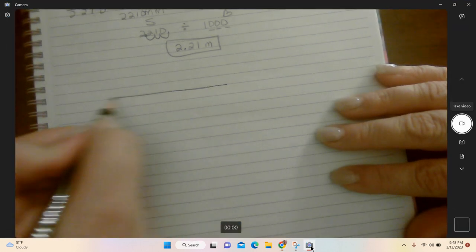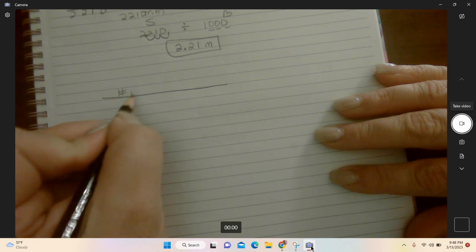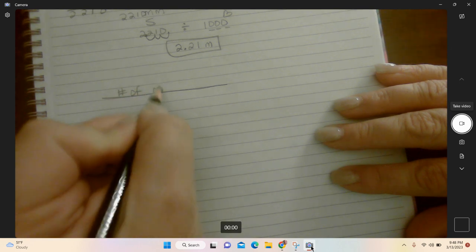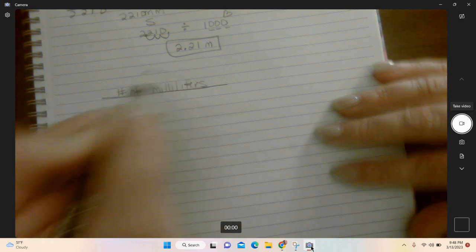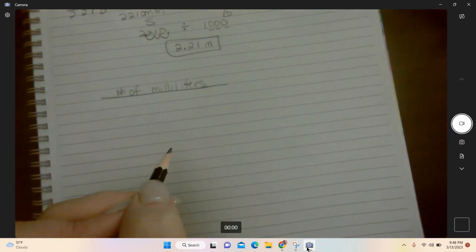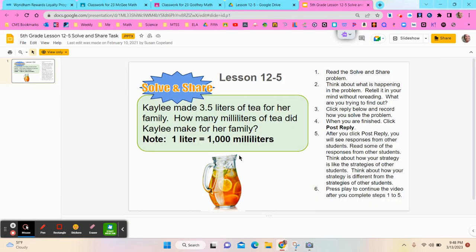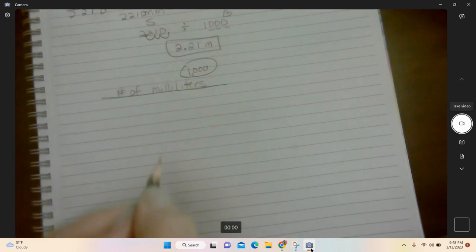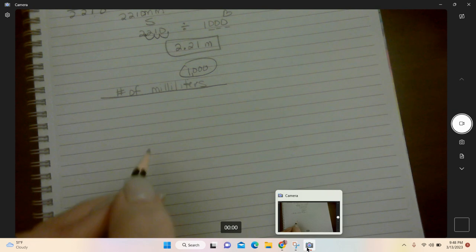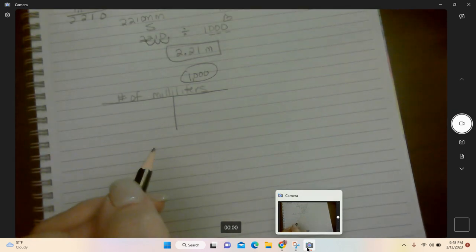I'm looking for the number of milliliters. All right, then I want to go back, and I'm pretty sure my magic number is going to be 1,000, and it is. So let me put my 1,000 right here and show my magic number. And then let me go back and take my notes, which will go right over here.